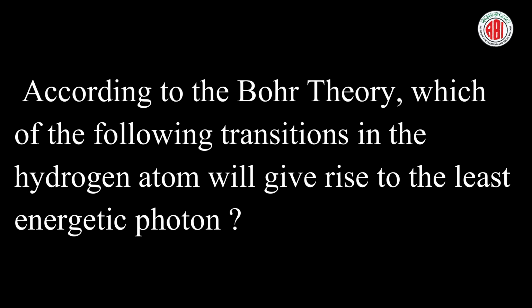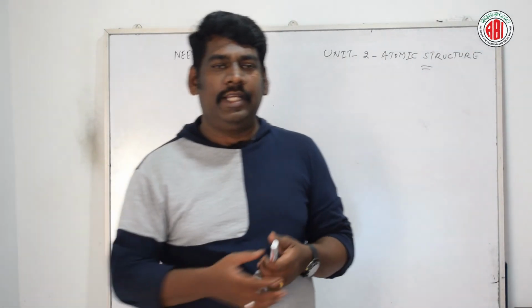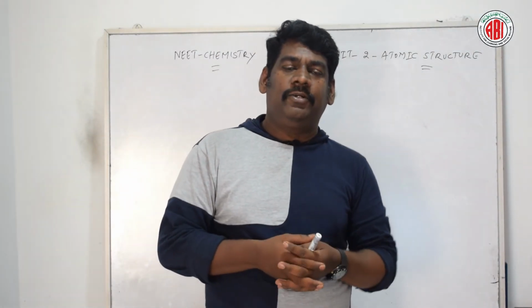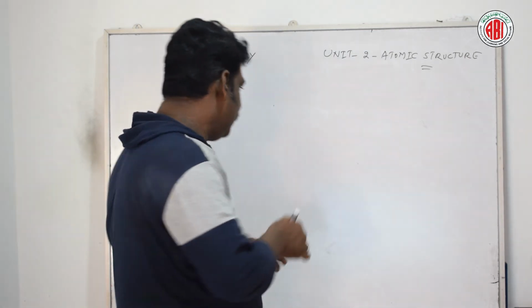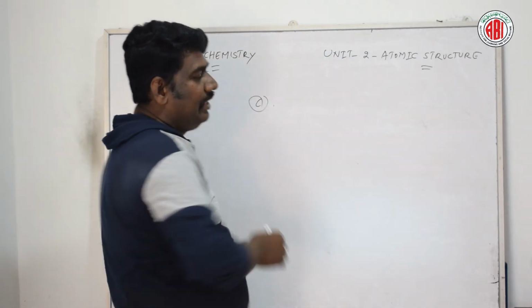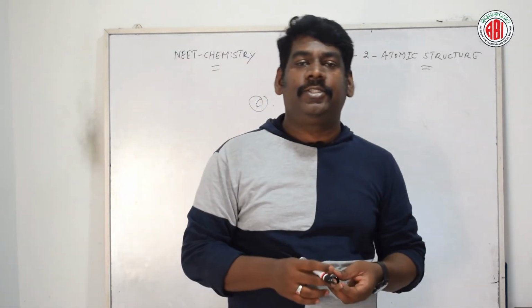According to the Bohr theory, which of the following transitions in the hydrogen atom will give rise to the least energetic photon? Here 4 different options are given: N6 to N1, N5 to N4, N6 to N5, N5 to N3. Let us see how to solve this problem. According to this question, option C, that is N6 to N5.